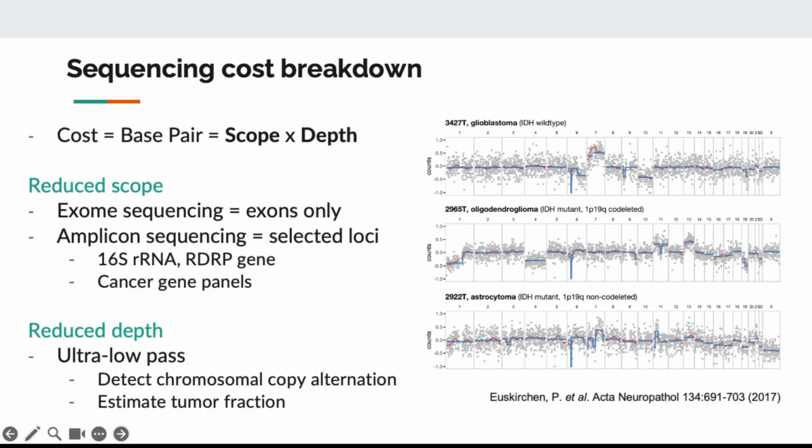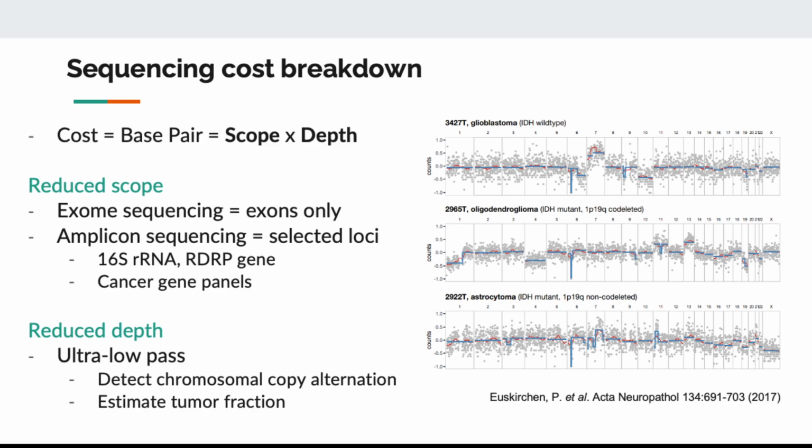In some cancers, people have a good idea of which genes should be monitored. So instead of sequencing the whole exome, you might select 100 genes that are very frequent in a certain cancer, and sequence only those genes. If you search the Illumina company, for example, they also provide a service where instead of sequencing the whole genome or the whole exome, they give you a set of genes.